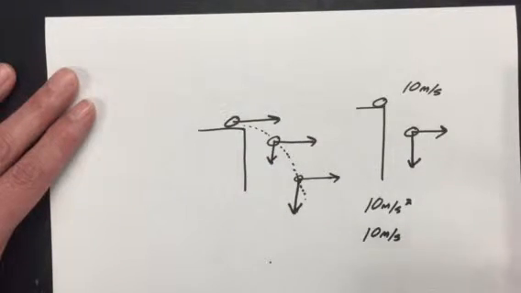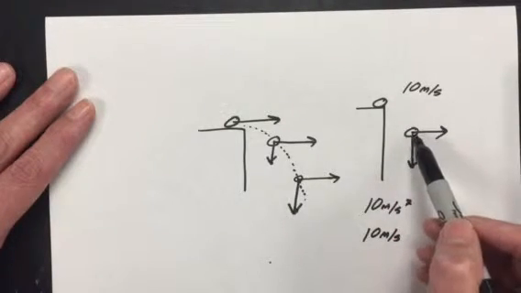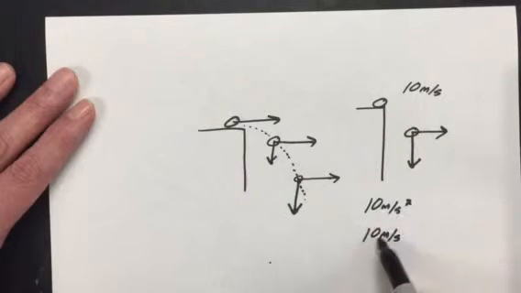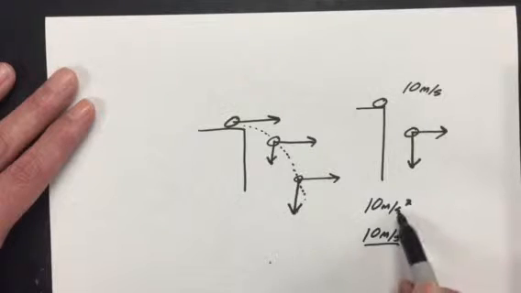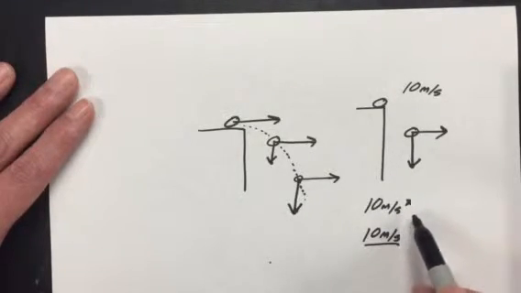And every subsequent second, it's going to go 10 meters per second faster than it was going previously. So if it's fallen for 1 second, it will be going 10 meters per second, because for every second, it was increasing its speed 10 meters per second.